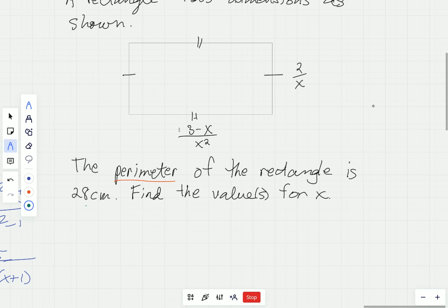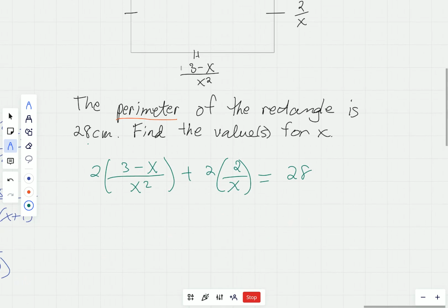So the perimeter is actually 2 times (3 minus x) over x squared, because we have two lengths, plus 2 times 2 over x, because we have two widths, and that all equals 28. All right, so now let's solve this rational equation.